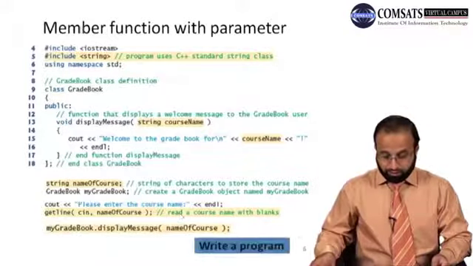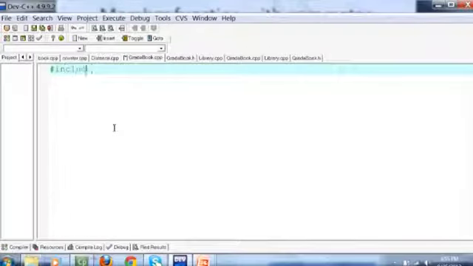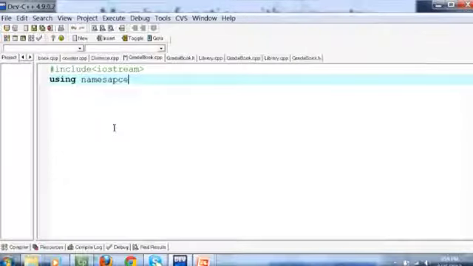So let's go. First we are going to write a very simple program without classes, and then we will write this gradebook program. First we have to include the iostream class. Then you have to write using namespace std.